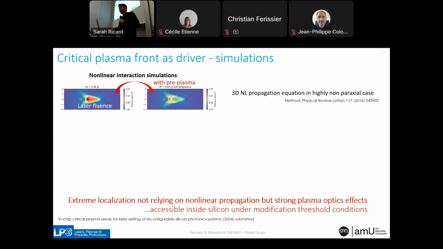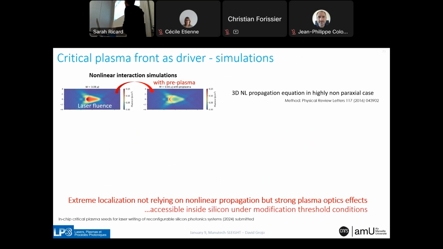So now to demonstrate that everything was coming from the critical plasma front in our experiments, we turned back to simulations. Again, we have the possibility to calculate the delivered laser fields without and with the plasma front.